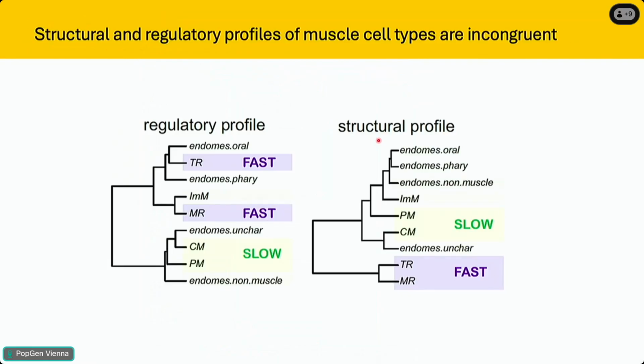So what is interesting here, and that's why I come back to this comparison between the regulatory profile and the structural profile of the transcriptome fingerprint: if we do, say, a little tree of the regulatory profile, then we see that the tentacle retractor muscle of the fast one and the mesentery retractor muscle are separated. They have actually very different transcription factor profiles. Whereas if you look at the structural protein genes, they would be united.